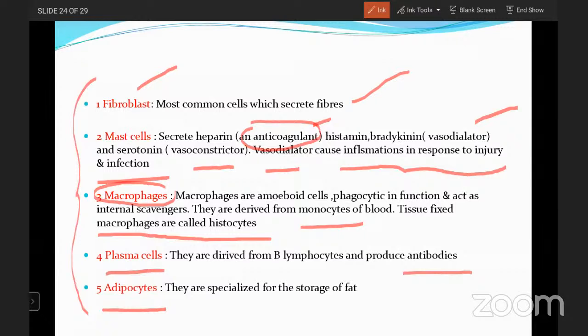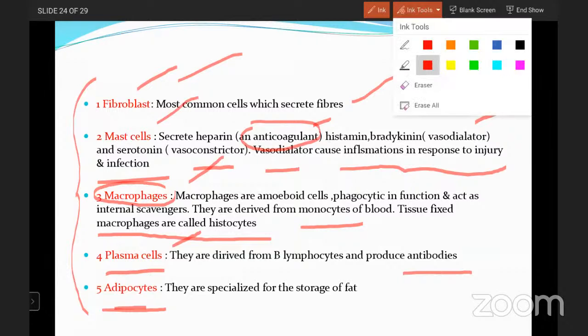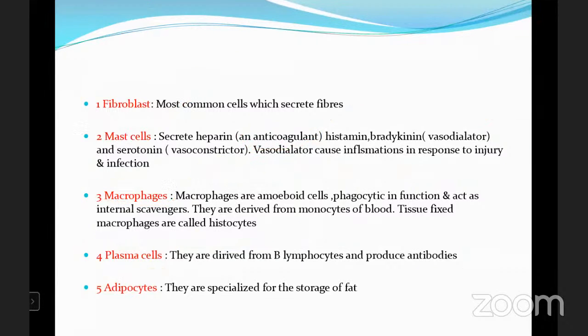Fibroblasts produce the fibers. Mast cells secrete heparin. Macrophages are phagocytic in nature. Plasma cells produce the antibodies. And adipocytes store fat. All these are the types of cells present in the areolar tissue.